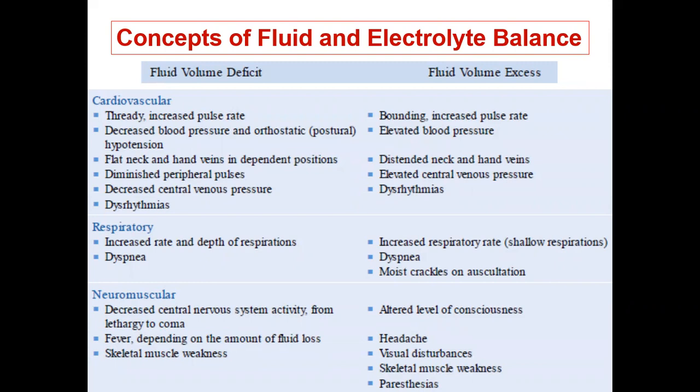If anybody has a fluid volume excess, what happens? The patient develops a bounding pulse, or increased pulse rate, and elevated blood pressure because of the fluid volume overload. Also elevated or distended neck veins and elevated central venous pressure.